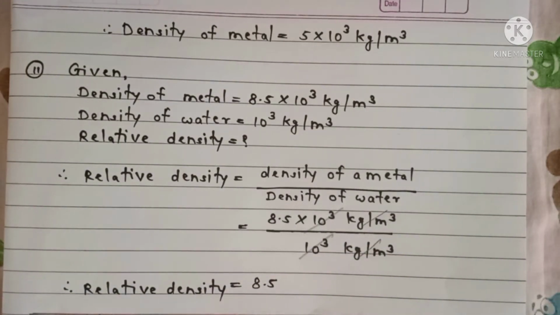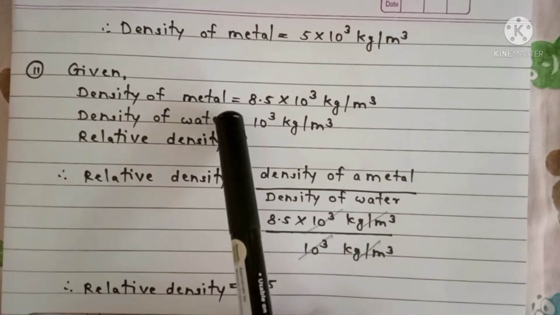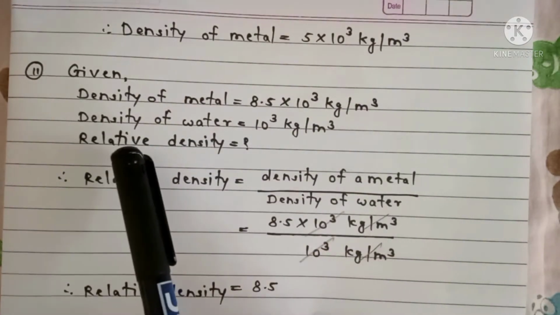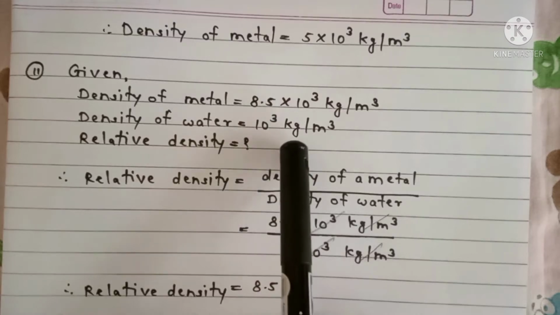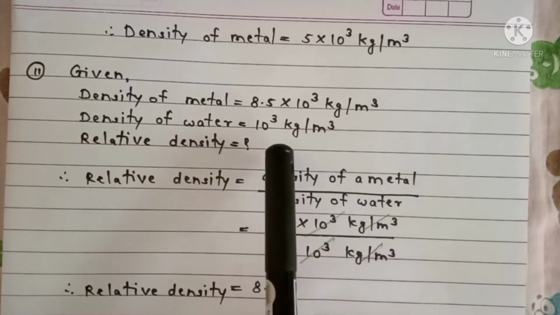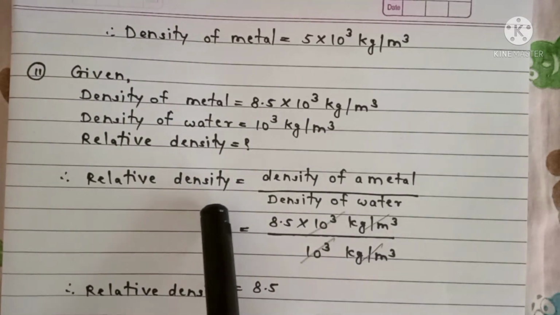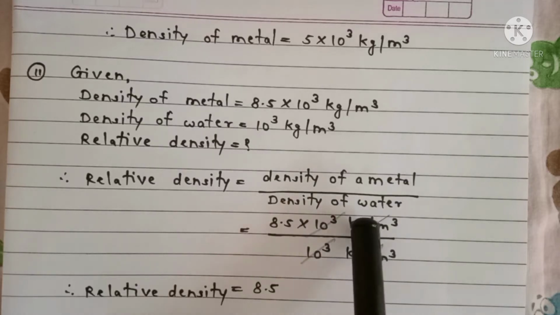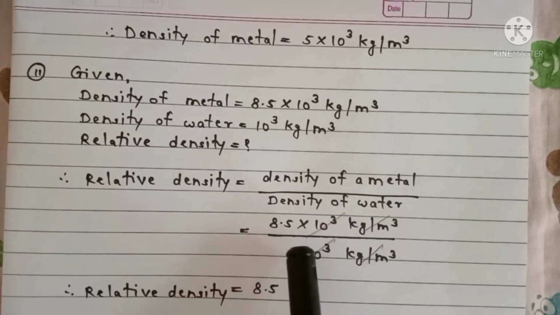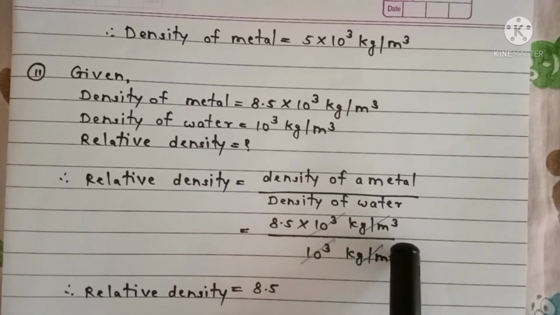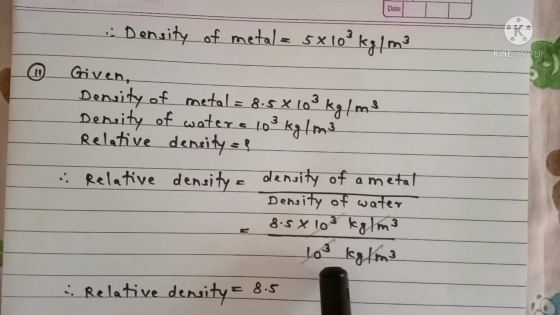Now the second example is given: density of metal is 8.5 into 10 raised to 3 kilogram per meter cube, density of water is 10 raised to 3 kilogram per meter cube, and we have to calculate relative density. Therefore relative density is equal to density of metal upon density of water, that is 8.5 into 10 raised to 3 upon 10 raised to 3.